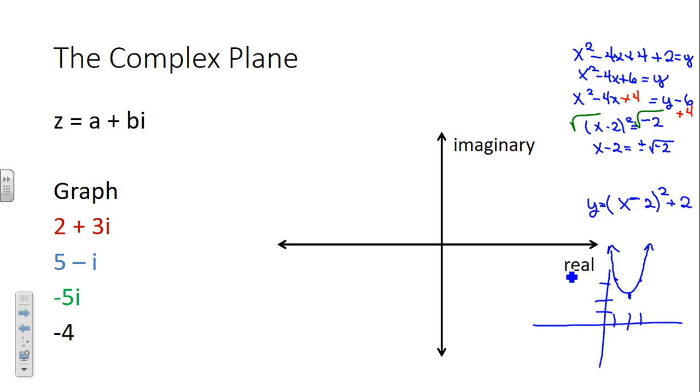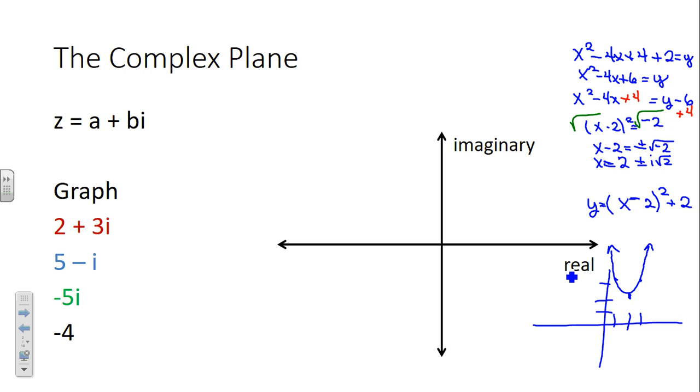And so this would be 2 plus or minus i square root of 2. Okay? That's why it never crosses the x-axis. There is no place where y is equal to 0 in this particular problem. Does that make sense? Okay?